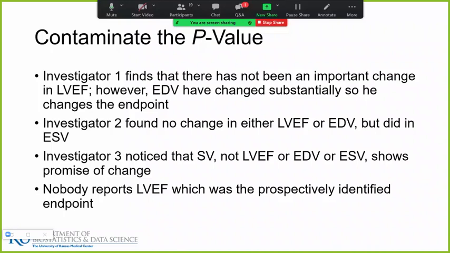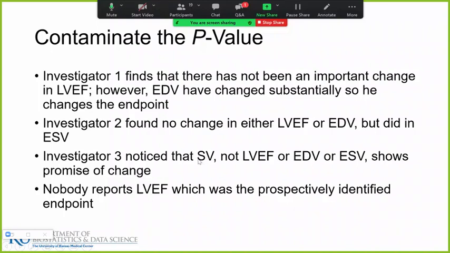And they don't say that the study was designed for a different outcome. They just report the EDV findings. Investigator 2 does the same thing, but for a different outcome that happened to show up with a substantial change, and that was the end systolic volume. No surprise, investigator 3 did the same thing for SV, but none of the others.